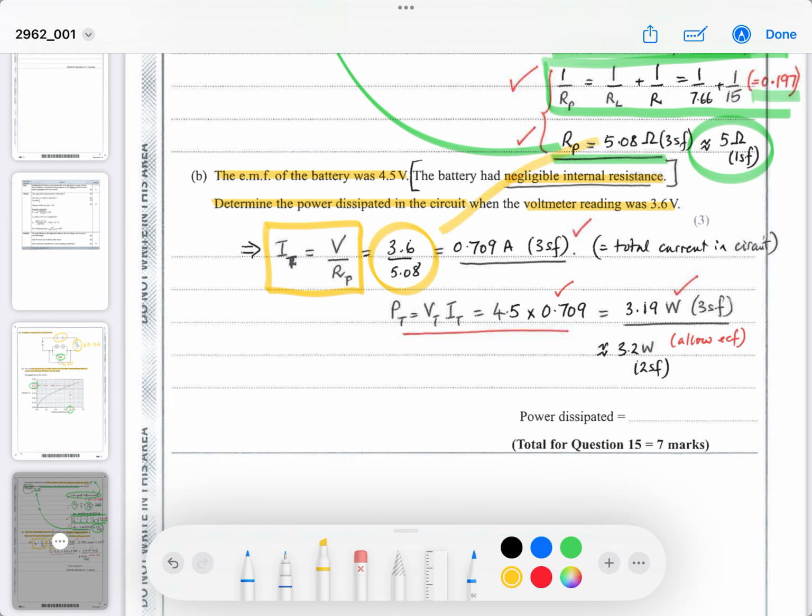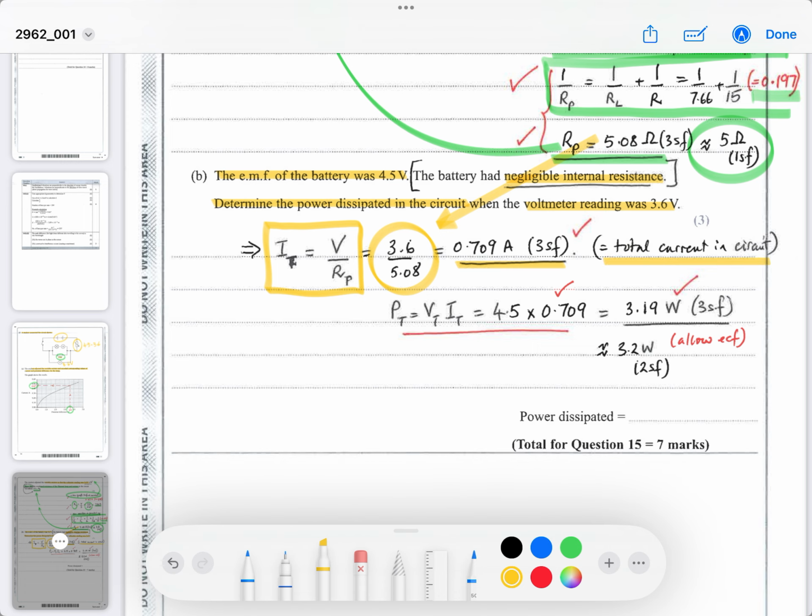So you put that in there with the voltage that we know. The ratio tells us the current coming out of the parallel section must be 0.709 to 3 significant figures. So that's the total current in the circuit.